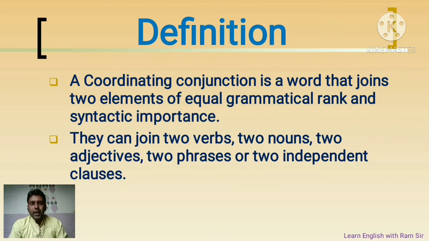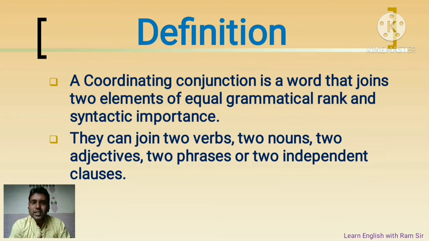Here in English we have two types of conjunctions. The first type is coordinating conjunctions, on which today we are going to discuss, and the second is subordinating conjunctions. We will discuss it afterwards, but before that let me tell you, in English we have just 7 coordinating conjunctions.